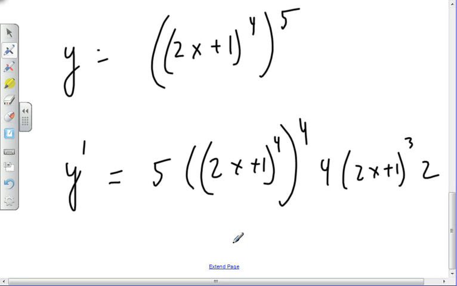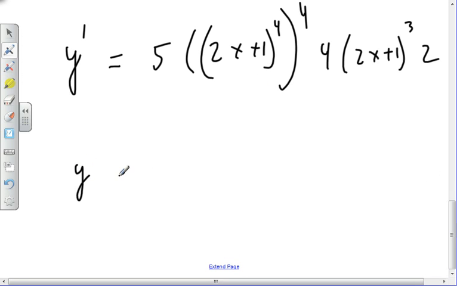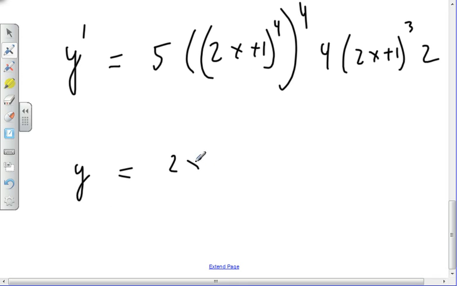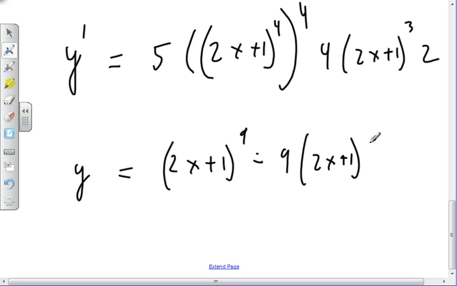So that's what I would do. But if I were to work the same problem over again and say that my original problem is 2x plus 1 raised to the 9th, then I'd say that would be 9 times 2x plus 1 raised to the 8th times 2, which is exactly what I have here, right? Maybe, I don't know. There's my 9, there's my 2. Maybe I've got that there. It's hard to say.